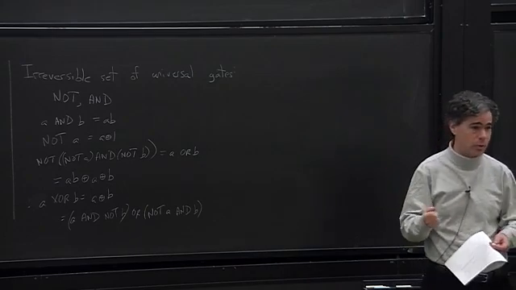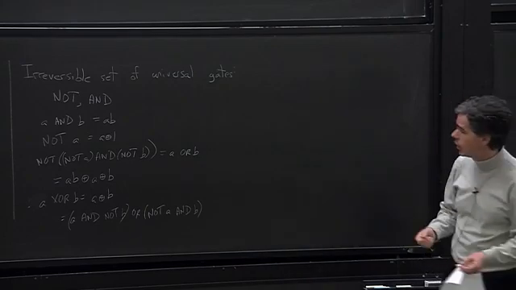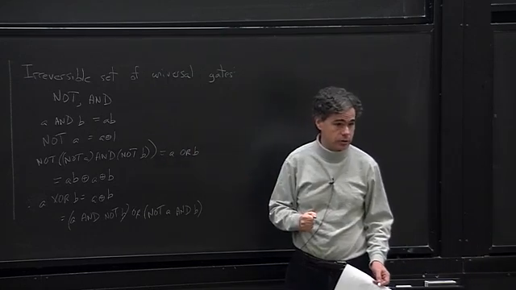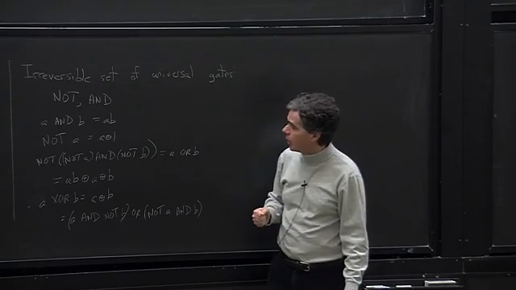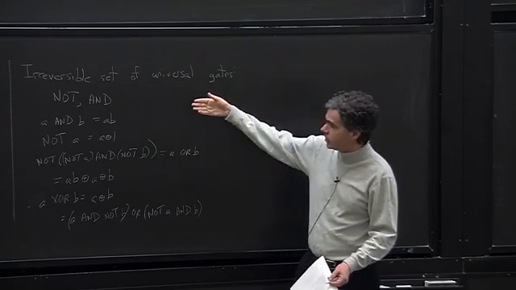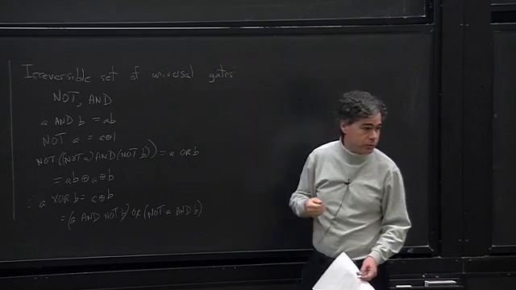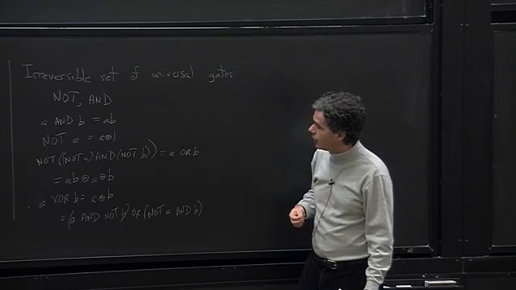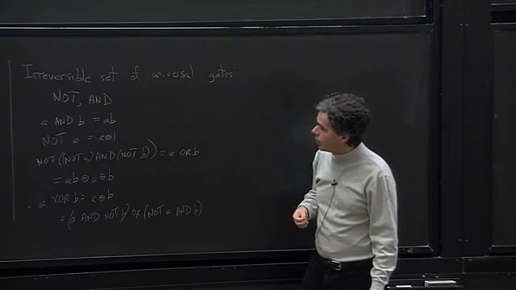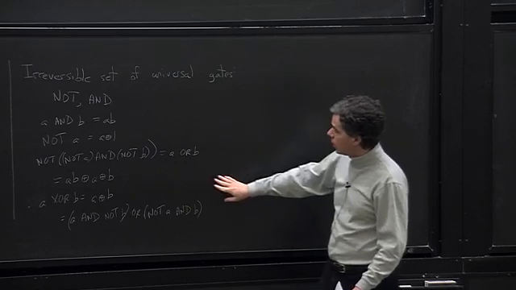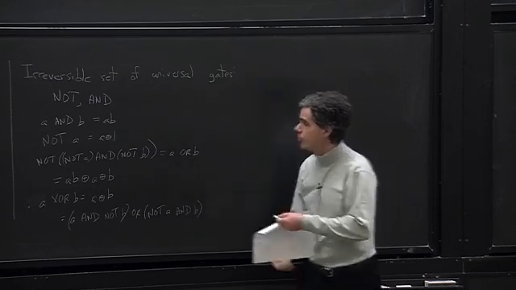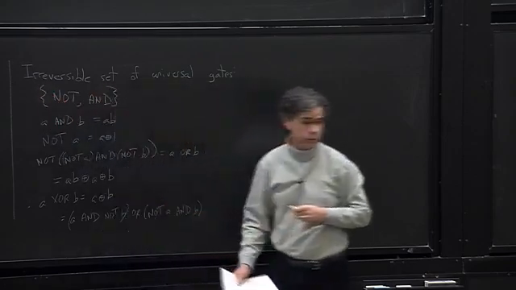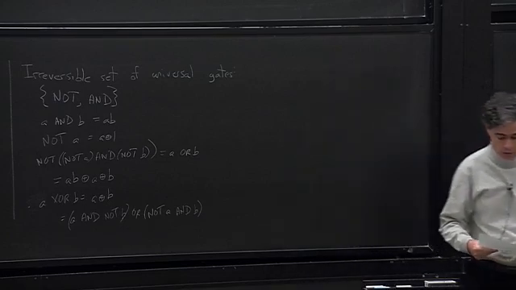And if you don't remember what that is, I'll review it in a few minutes. But in the classical case, that's not very controversial. It's in some sense an additional primitive that's assumed here. So this is a universal set of gates for irreversible classical computation.